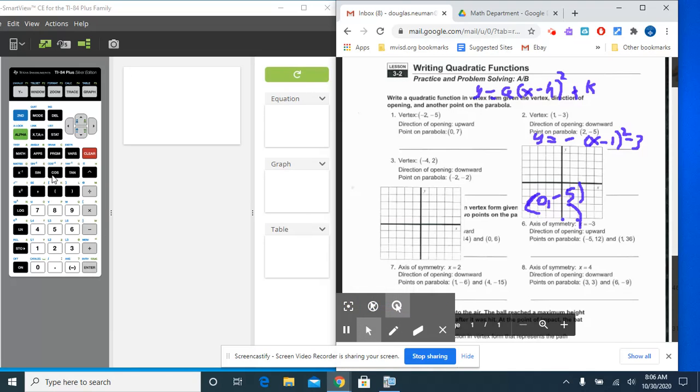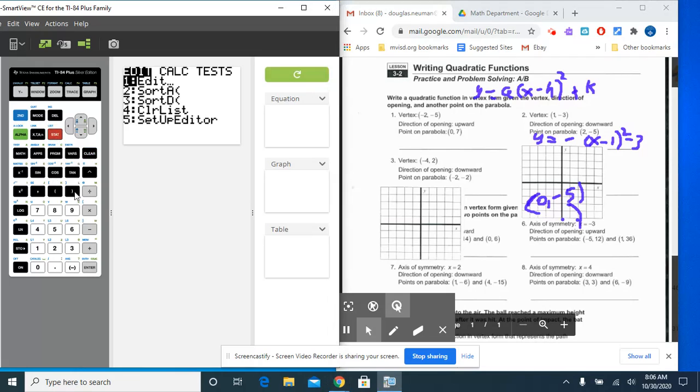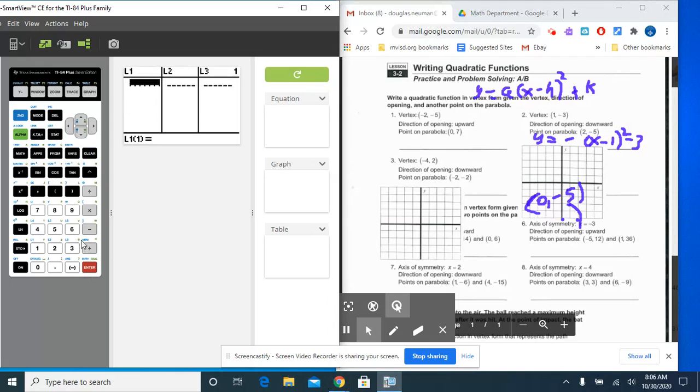And so I can go over to stat and then edit's my first option, and my x coordinates are 0, 1, 2. That would work better. And then I move over to the right side. My y coordinates are negative 5, negative 3, and negative 5 again.